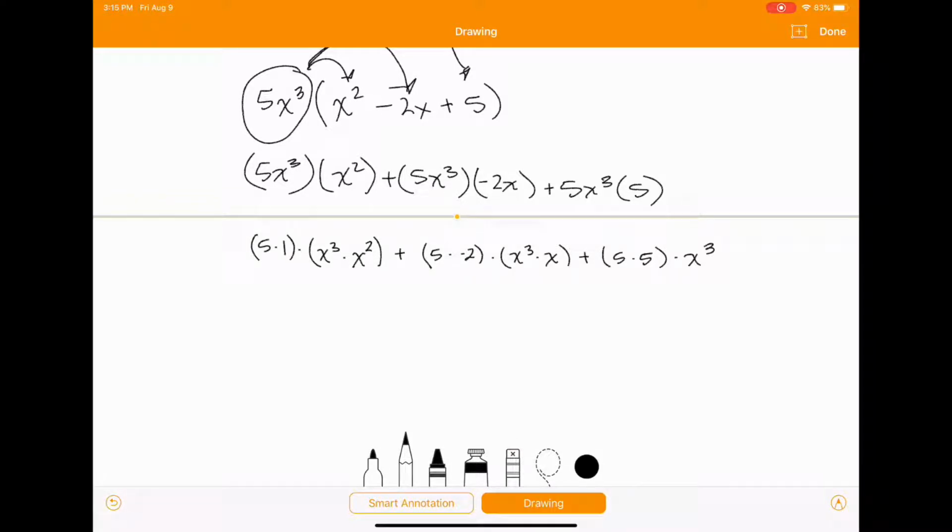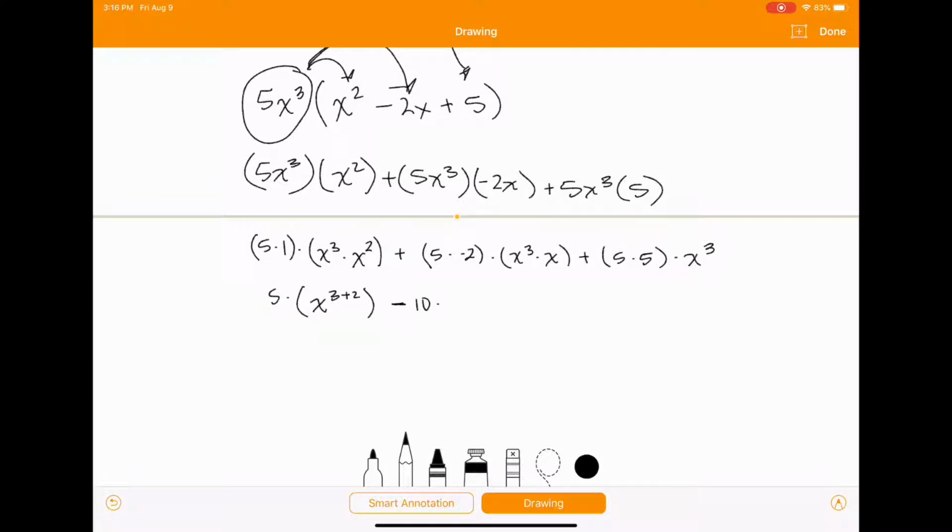So 5 times 1 is going to be 5 times x raised to the 3 plus 2. And then 5 times negative 2 is going to be negative 10. So we can take that negative and bring it out in front.